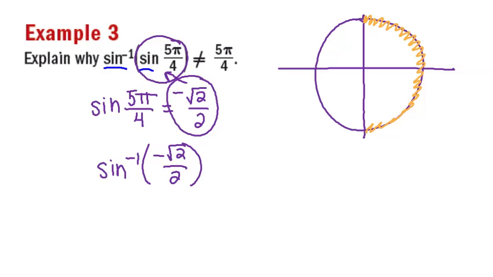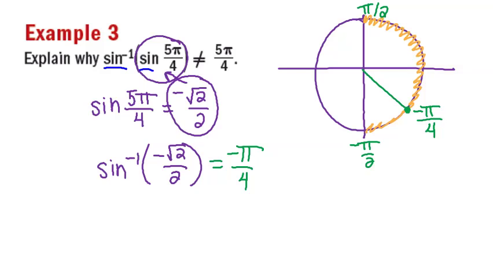It goes from negative pi over 2 to positive pi over 2. If we look at negative root 2 over 2, my angle should be about here, because sine is negative, so it's in the fourth quadrant, and negative root 2 over 2 tells me this is negative pi over 4 here. So this final answer is negative pi over 4, which is not the same thing as 5 pi over 4.